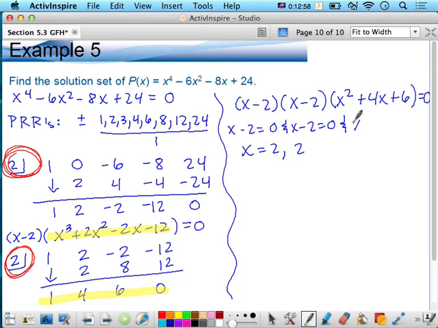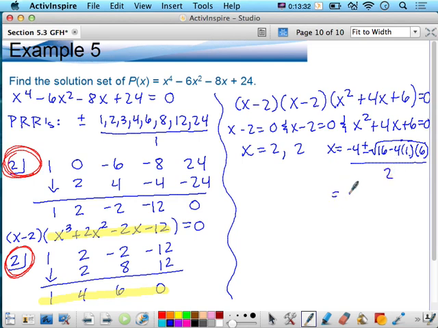The problem is what's going to happen to the quadratic, because it turns out it won't factor. So we're going to have to do the quadratic formula on it. We should be getting very good at this by now. So we will say x equals opposite b plus or minus square root of b squared, which is 16, minus 4 times a times c, which in our case is +6, all over 2a, which is 2 times 1.